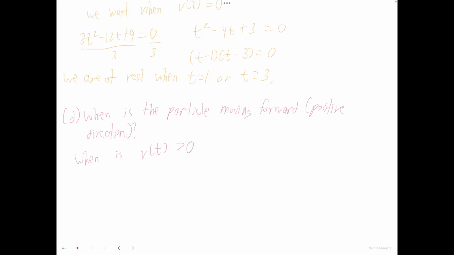And so the way that we do this is we find when it's equal to 0. So you find when v of t equals 0, and then use a sign line, which I will do in a second, to determine the sign over each interval.